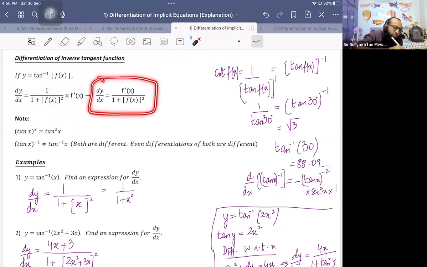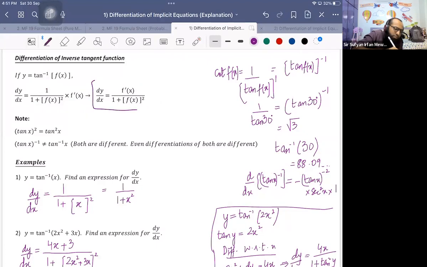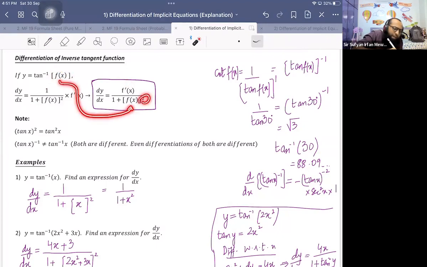This is the ultimate rule. The differentiation of the function will come in the numerator. The function will come in the denominator and will be squared, and 1 will be added to it. Just as in the case of ln, the differentiation of the function used to come in the numerator and the function used to come in the denominator.